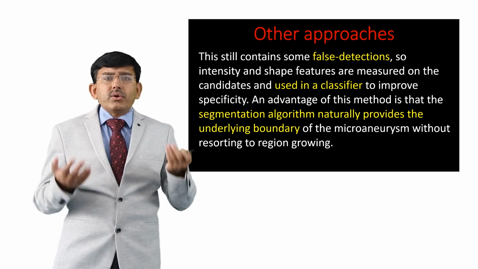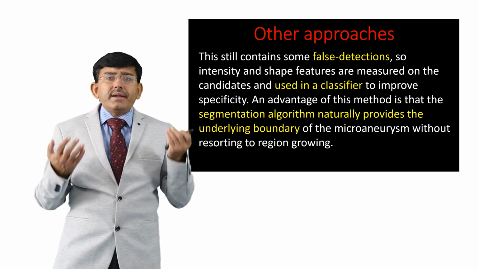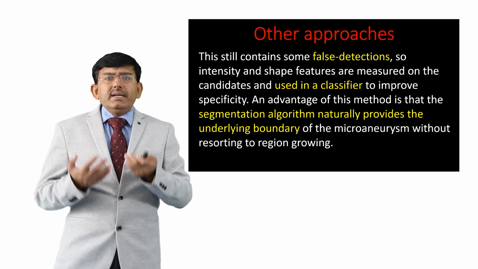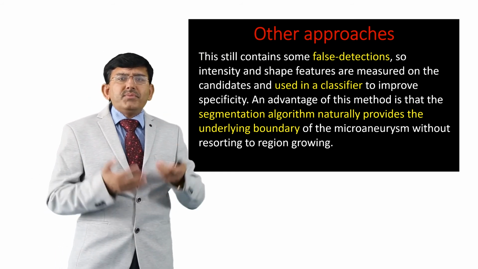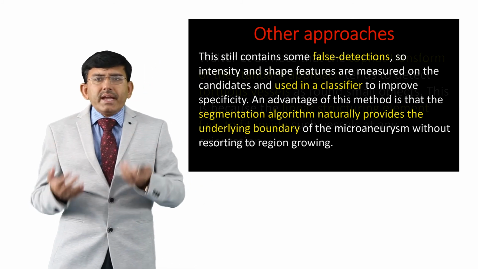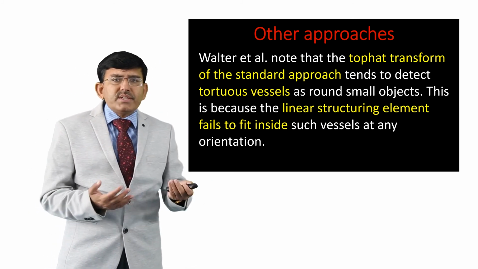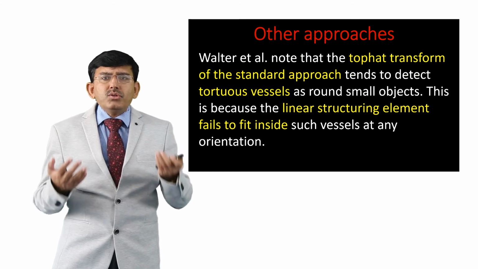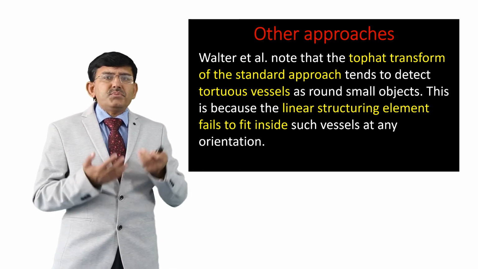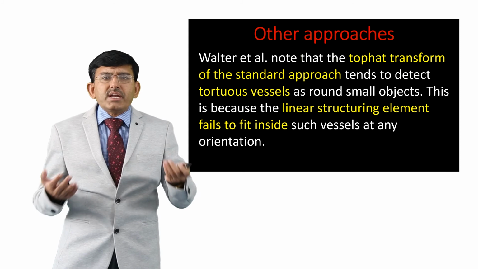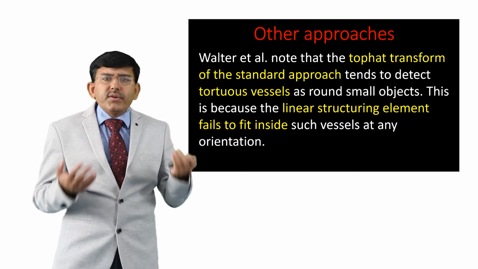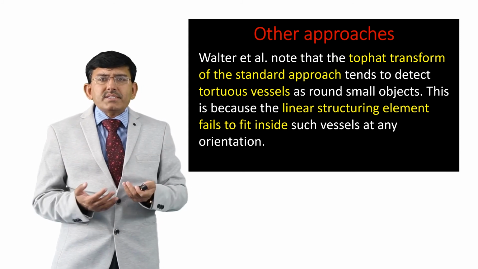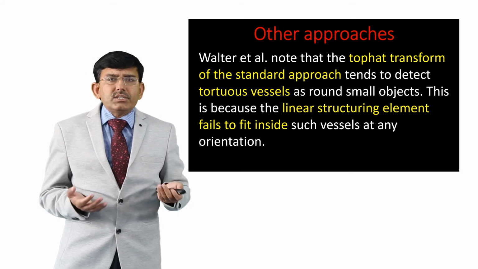Walter and his group note that the top-hat transform of the standard approach tends to detect tortuous vessels as small round objects. This is because the linear structuring element fails to fit inside such a vessel at any orientation.